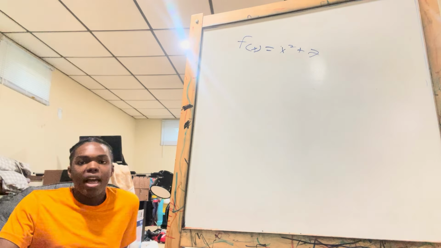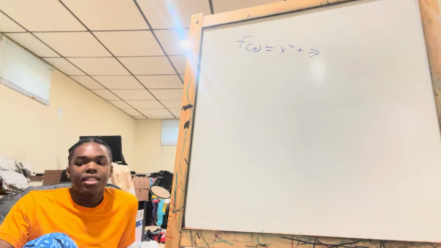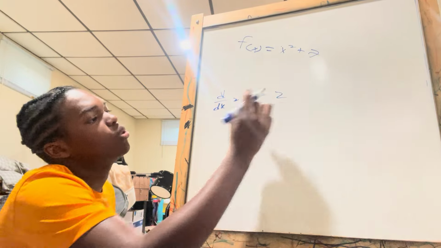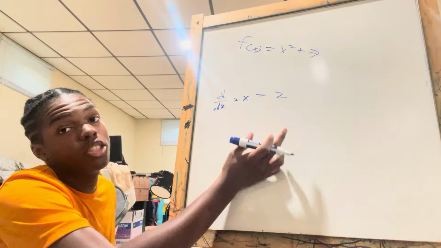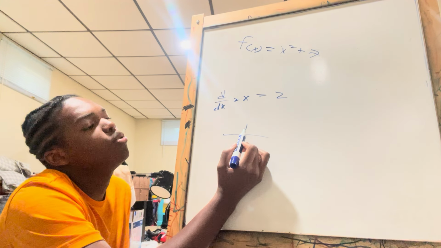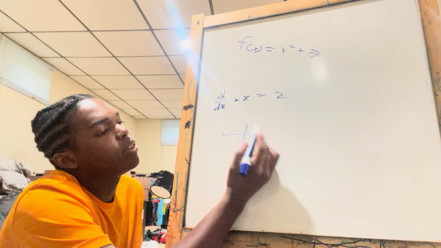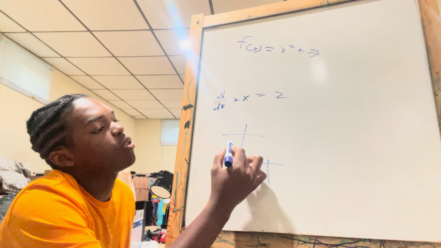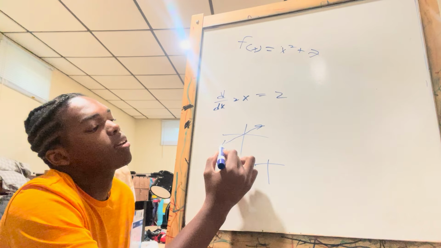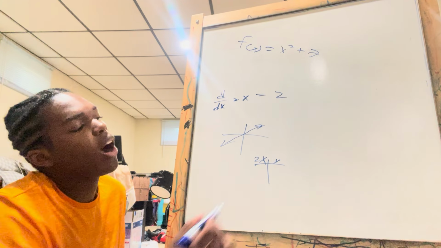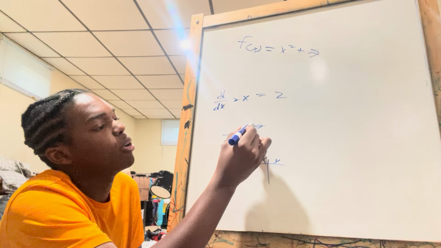Now, if your x has a coefficient, like d dx of 2x, it would just equal 2, because this coefficient does change things. So if you had 2x, this is what a normal xy graph would look like. Now if you had 2x, the slope is like 2, so it would be more angled like this.